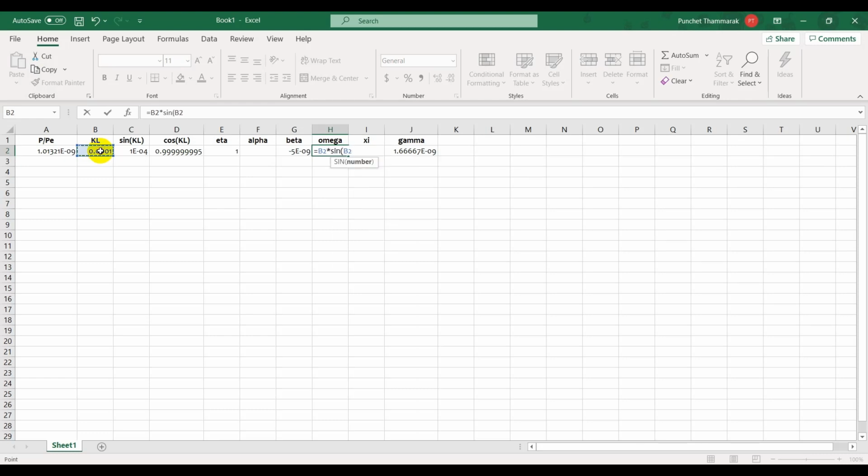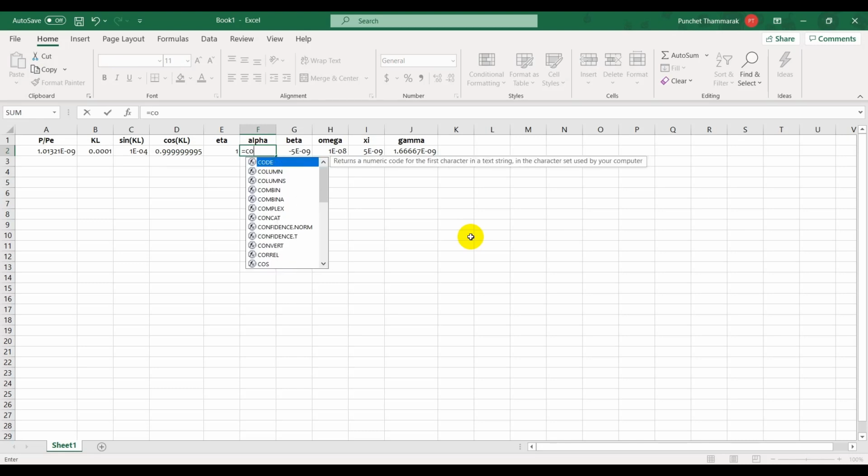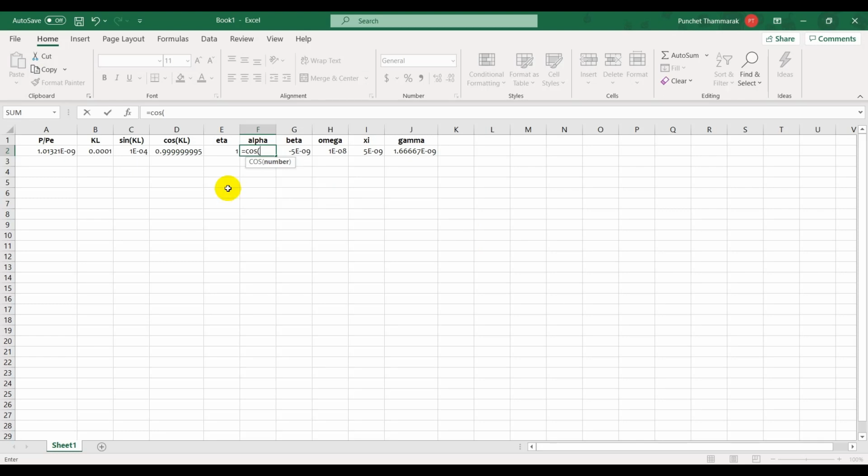Let me check the sine of omega. Okay, so I make the M over P equal to, alright, so the sine of omega is correct, it is positive. And the last one, the alpha term, basically alpha is a cosine, right? Cosine KL.